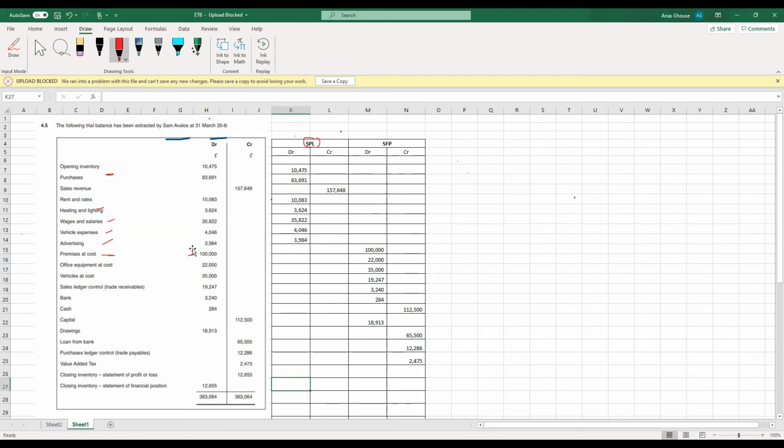Usually the closing inventory, we have to value the closing inventory, and we need to pass a journal entry.